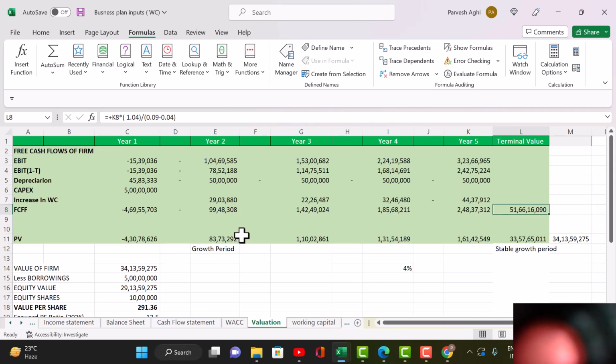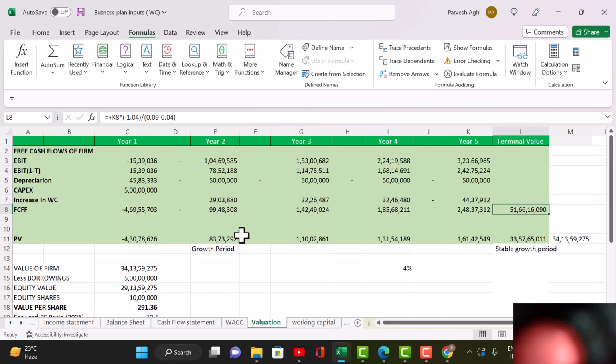The cash flow will keep growing at 4%. So there is a small available formula with which you can calculate what will be my total value till infinity. Because the company is going to last forever, usually. So the company's cash flow will keep growing at this growth rate. Divided by WACC minus G, it will give you a terminal value. So I got a terminal value now.